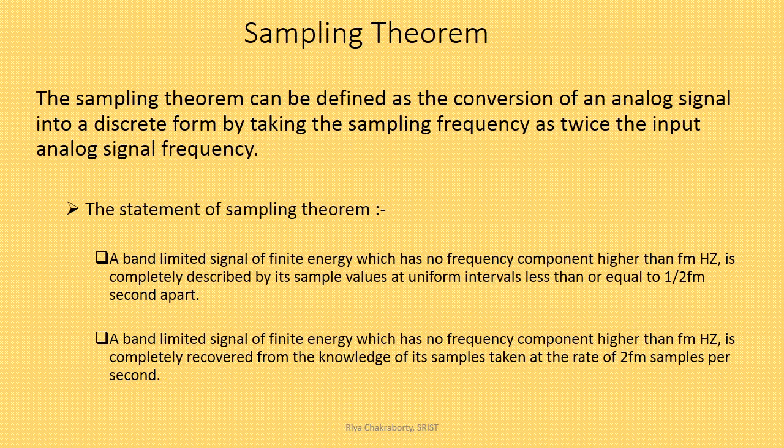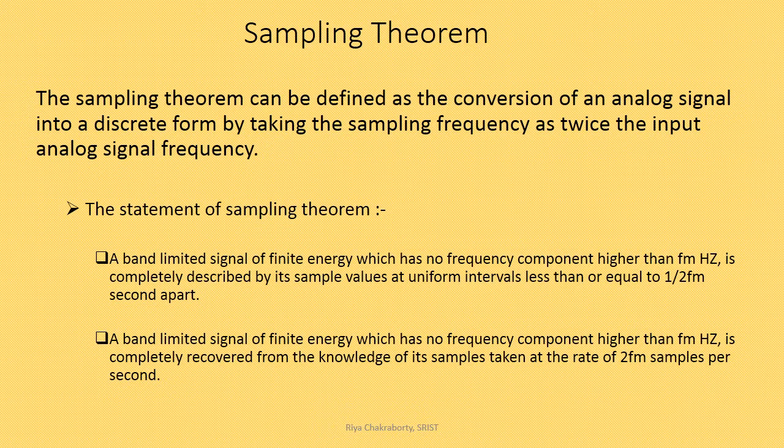And number 2: a band limited signal of finite energy which has no frequency component higher than fm Hertz may be completely recovered from the knowledge of its samples taken at the rate of 2fm samples per second.